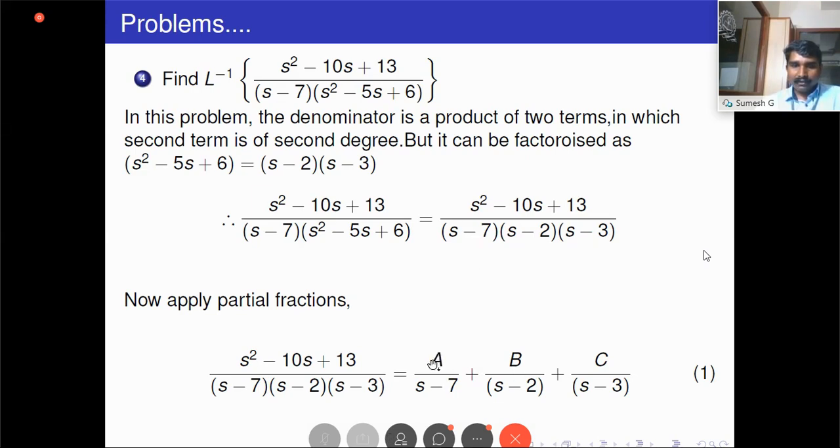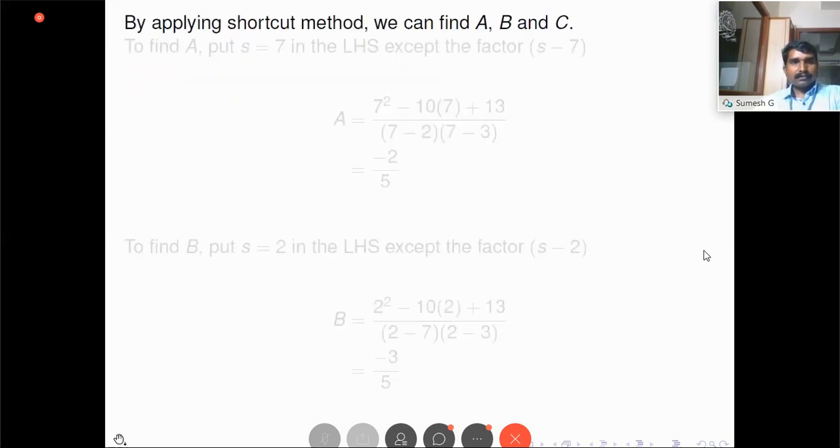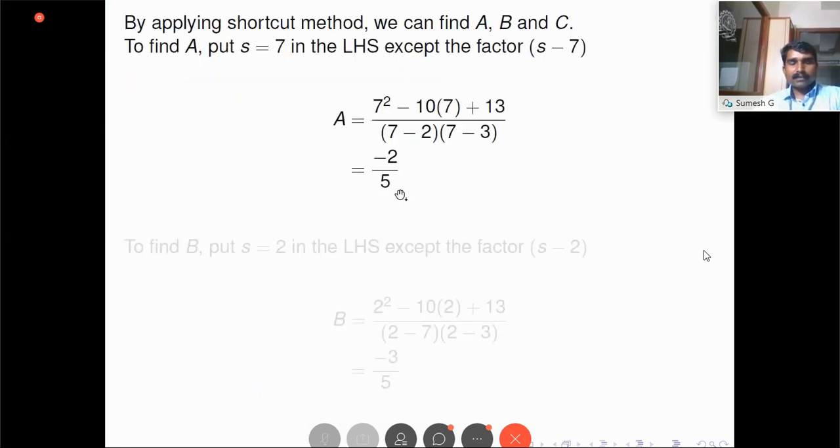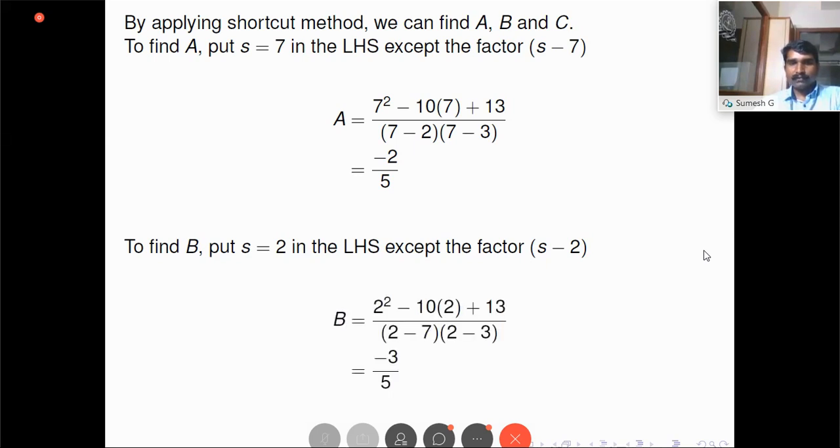To find a, we have to substitute s equal to 7 in the LHS except the factor s minus 7. The value of a is minus 2 by 5. To find b, we have to substitute s equal to 2 in the LHS except the factor s minus 2. The value of b is minus 3 by 5.